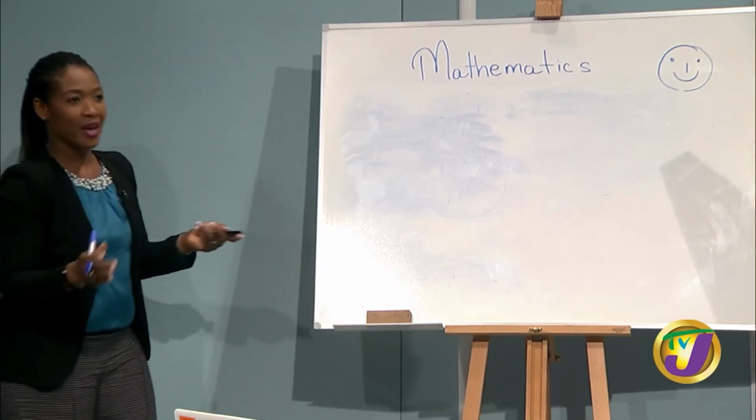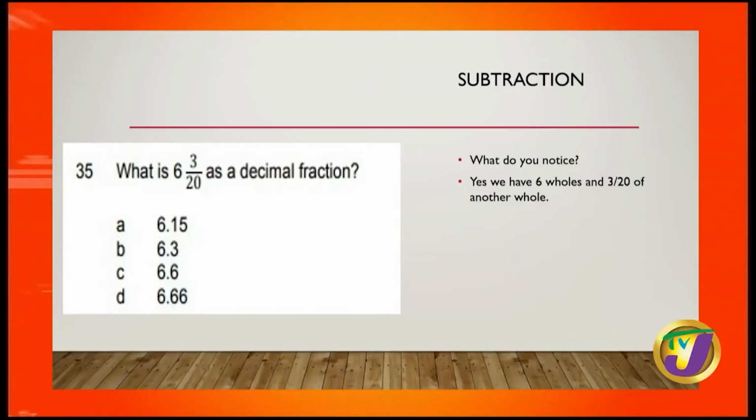So yes, we have 6 wholes and 3/20 of a whole. So let us see what happens. Now, 20, although it looks similar to 10, is a multiple of 10, but not a power of 10. 10 to the first power will give you 10, 10 to the second power will give you 100. So you see that we skip out 20.